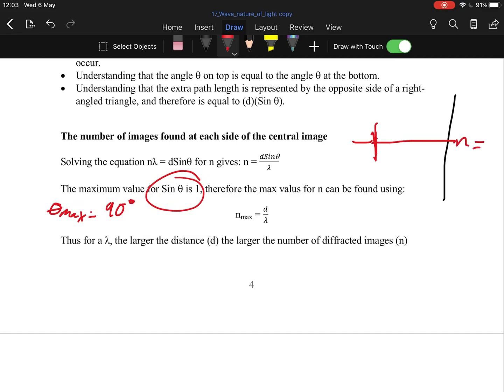Your angle is going to go from the central image, theta. My pen isn't as accurate as I'd like it to be. Now, you cannot extend that angle backwards.